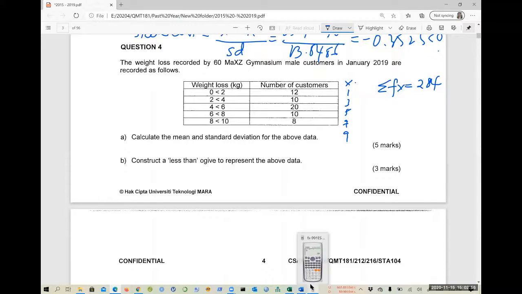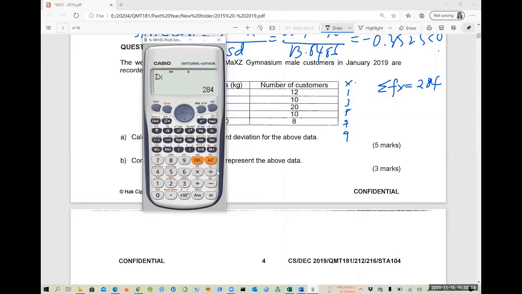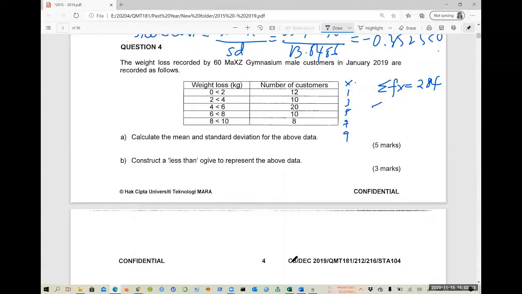Then for the summation of fx square, press shift number 1, take the sum number 3, and then number 1. You get 1740, so the summation of fx square is 1740.